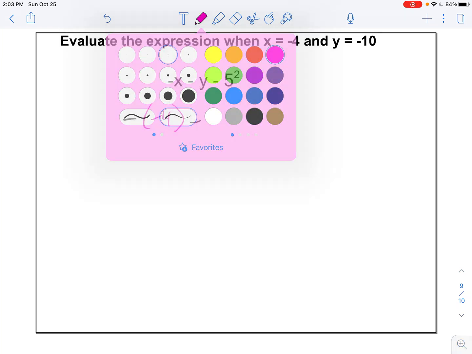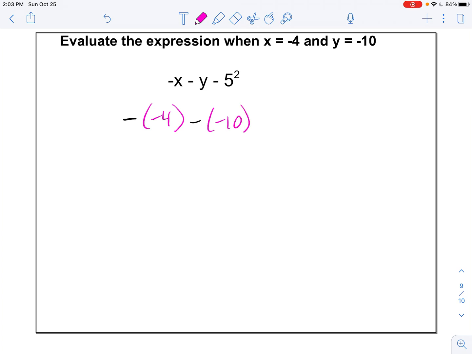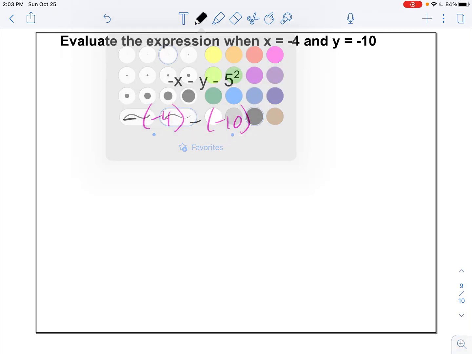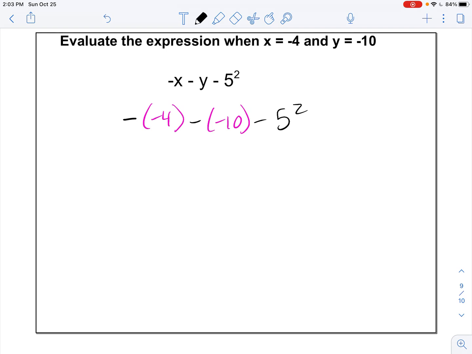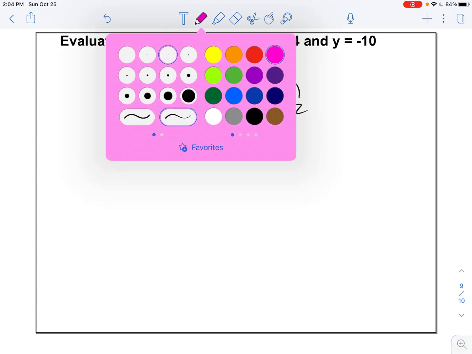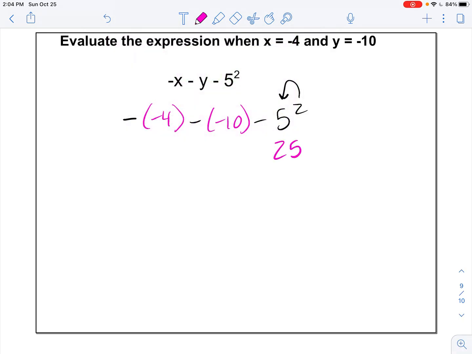Y is negative 10, and then I'm going to subtract 5 squared. So I do have a squared here. I am only squaring the 5 because if I read this through, I have the opposite of negative 4 minus negative 10 minus 5 squared. I didn't say negative 5 squared. I said minus 5 squared. So 5 squared is 25.